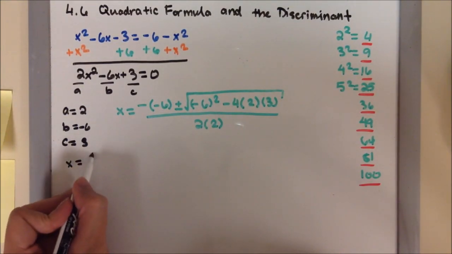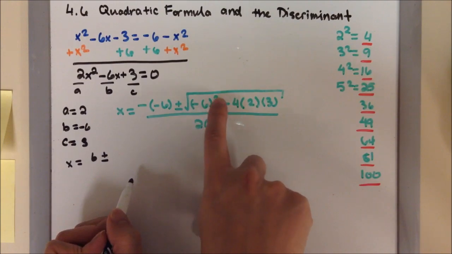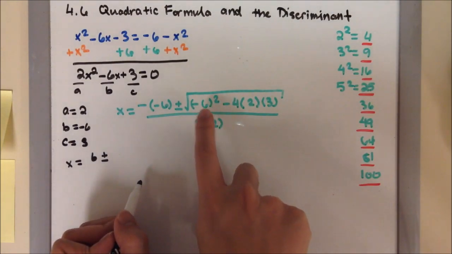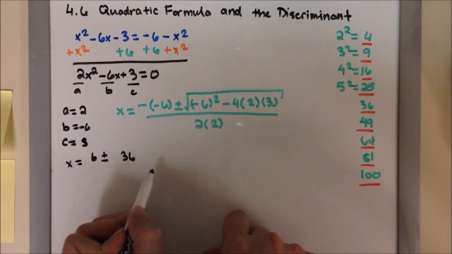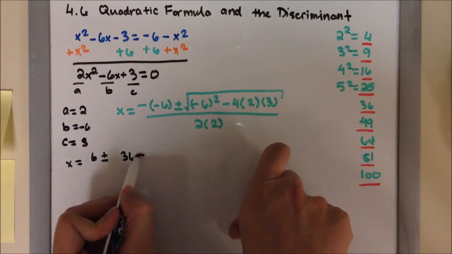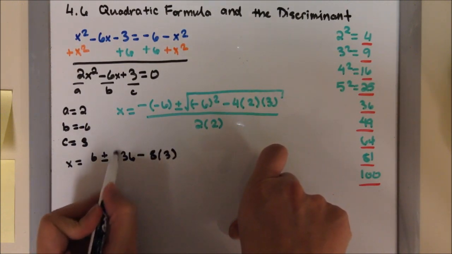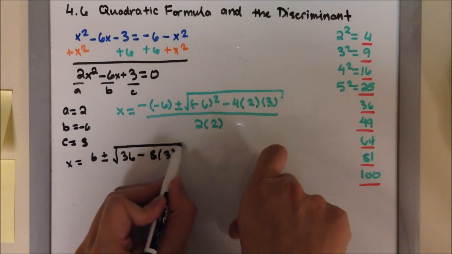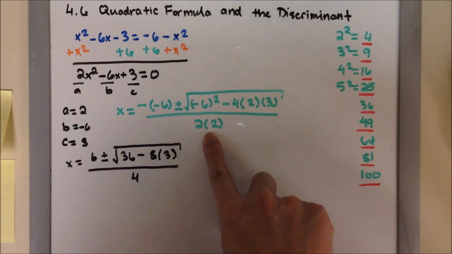-6 will actually be positive 6 plus and minus -6 squared, meaning -6 times -6, that's going to be 36. Minus 4 times 2, that's going to be -8, times 3, divided by 2 times 2, which is 4.